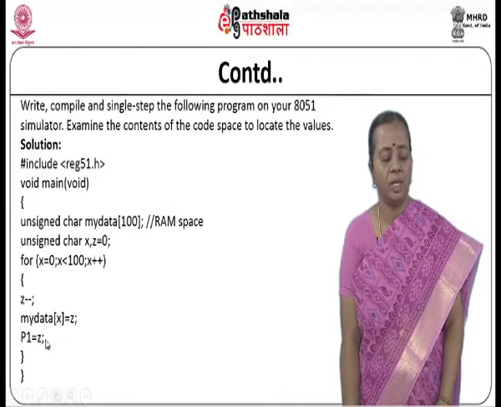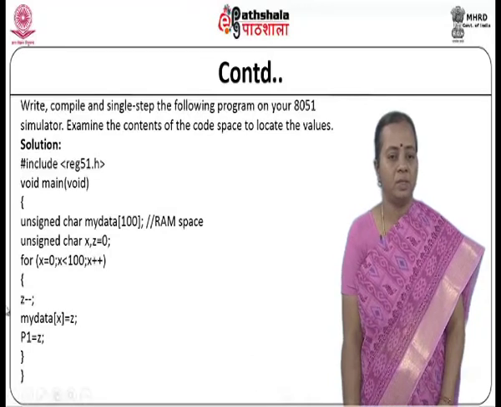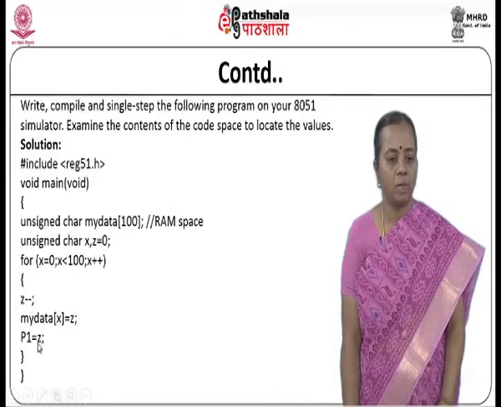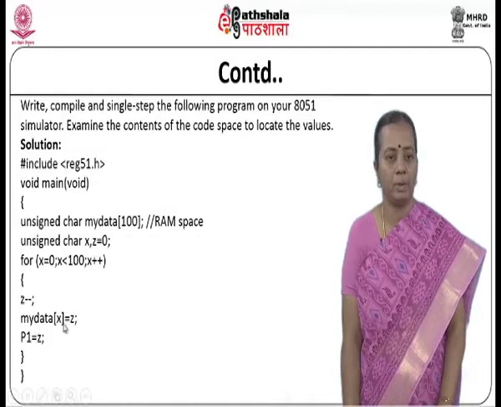Now, when you store it, the RAM space is filled for 100 different locations, which you can examine in your simulator to see where it is stored, and z is also moved to P1, so that you can see how the values are simulated in the RAM space.